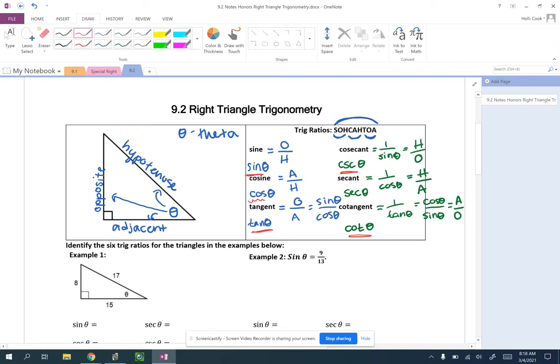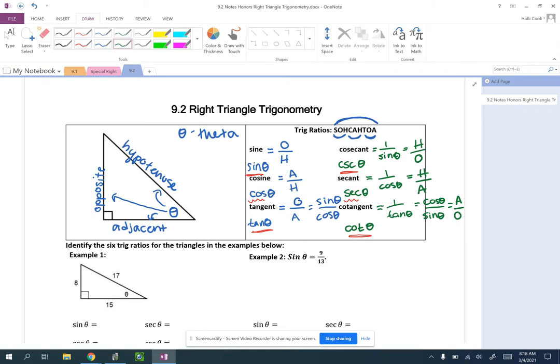Now if we're looking at cosine and secant and we count the total number of C's, there's 1 in cosine and 1 in secant, so that makes 2 total. So you can know which one's going to match up with which because you need 2 C's when you pair them together. Okay, if you matched cosine with cosecant, then you'd have 3 C's, that would be too many. Or sine with secant, you'd only have 1 C, and that wouldn't be enough.